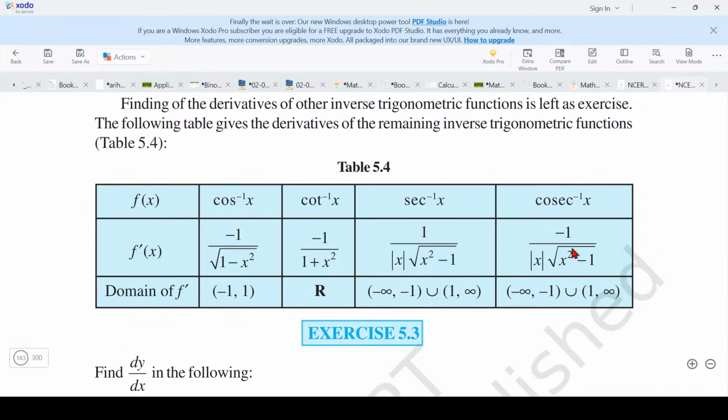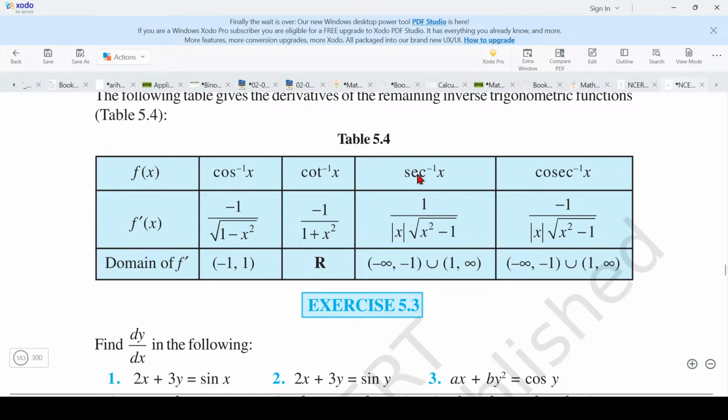Now, secant inverse, can you try once? Yes, sir.